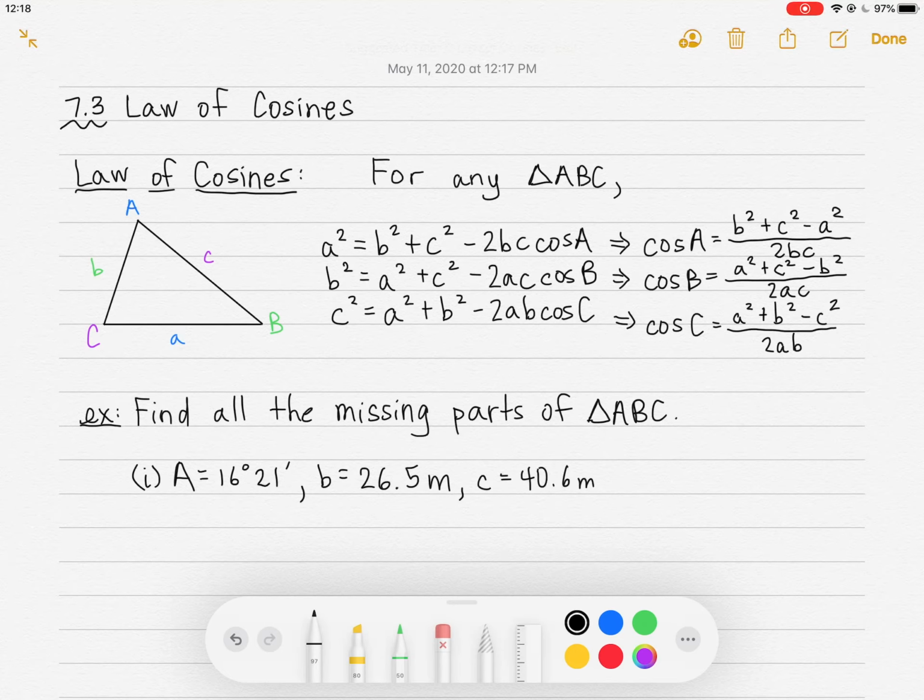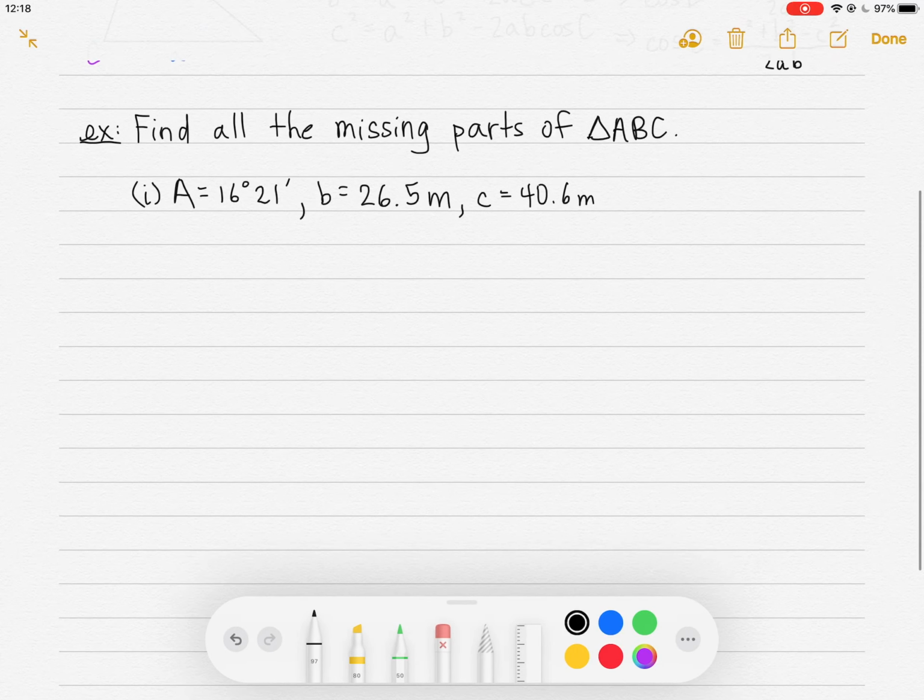Okay, so you don't have to draw these in order to do the problems. I do like to draw them, makes me feel better. Now A is supposed to be 16 degrees, 21 minutes, probably going to be the smallest angle.